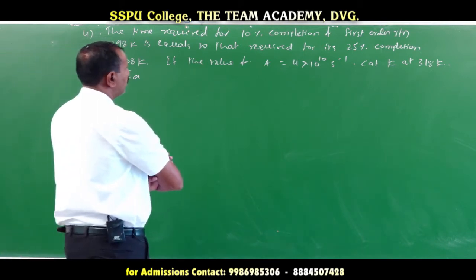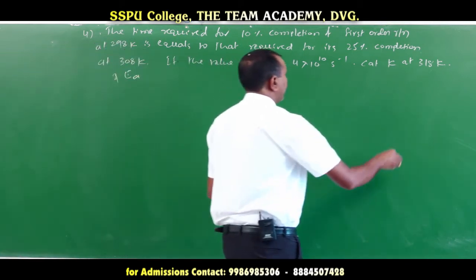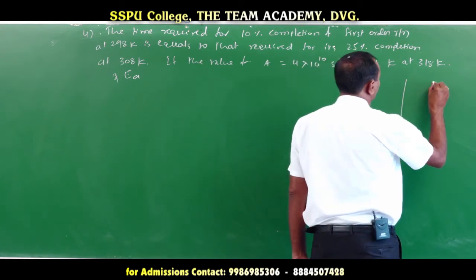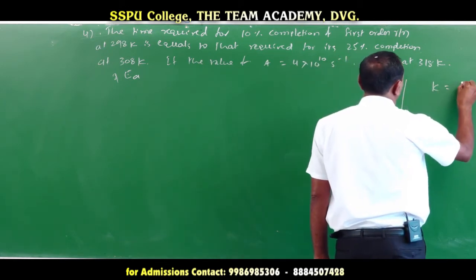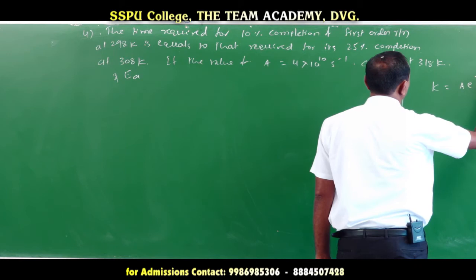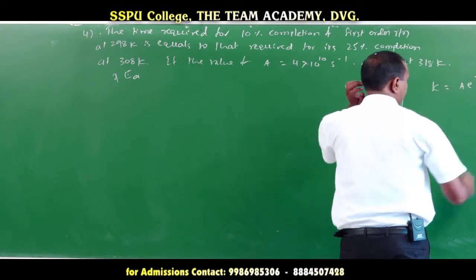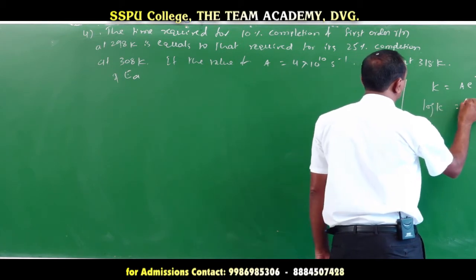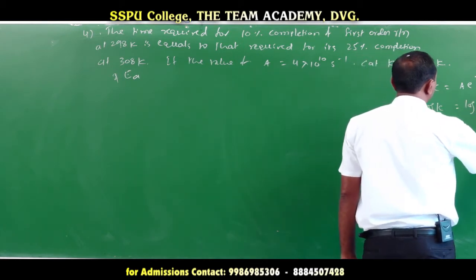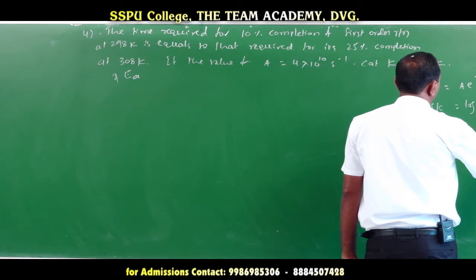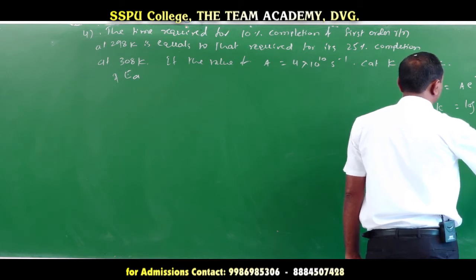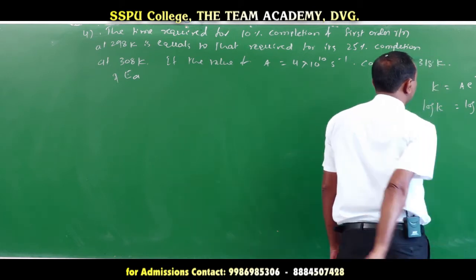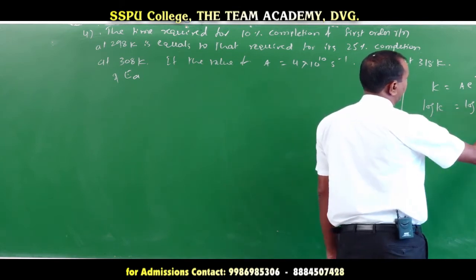So how to find out the K value? K equals A e to the power of minus EA by RT. So log K equals log A minus EA by 2.303 RT. To find out K, we need that EA.